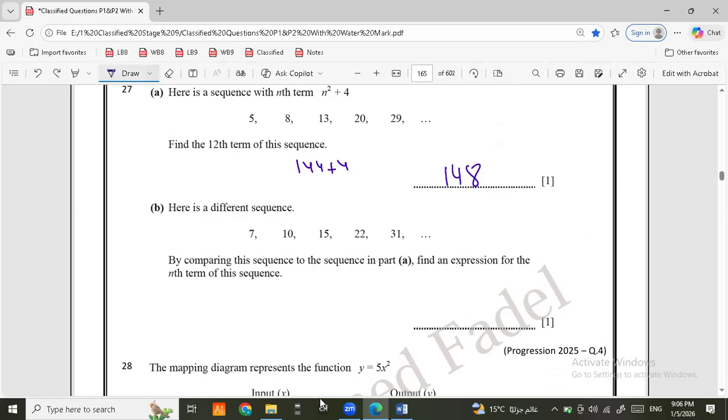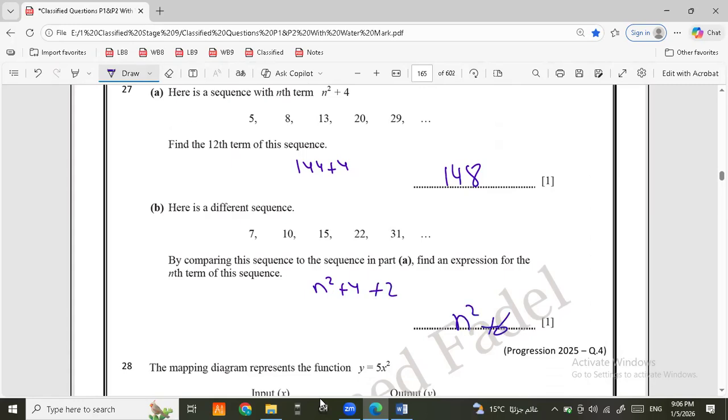If you noticed over here, this is n squared plus 4, but they added the 2, added the 2, added the 2, added the 2. The 20 became 22, 29 became 31, 13 became 15. So it is just the same expression as the first, n squared plus 4, but they added a 2 to the answer. So it is n squared plus 6.